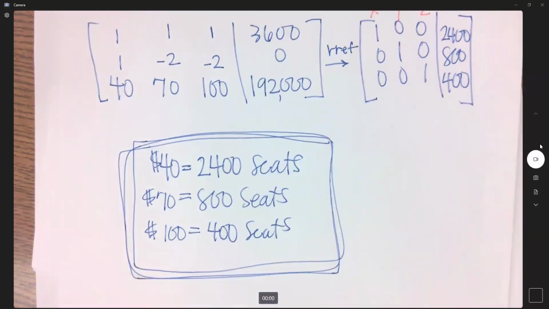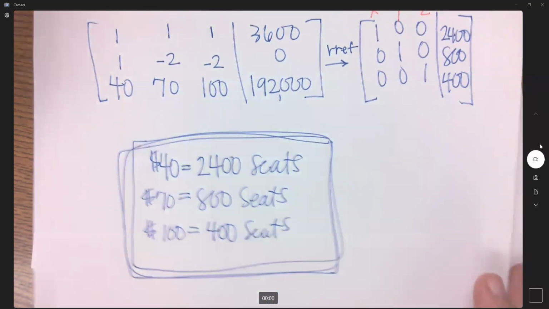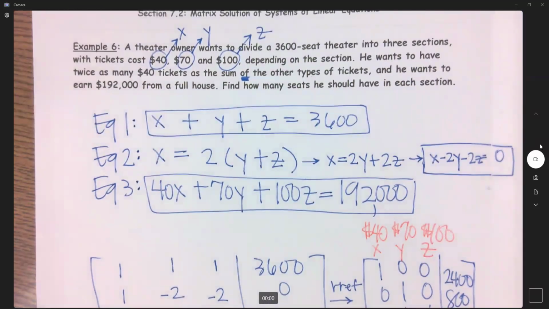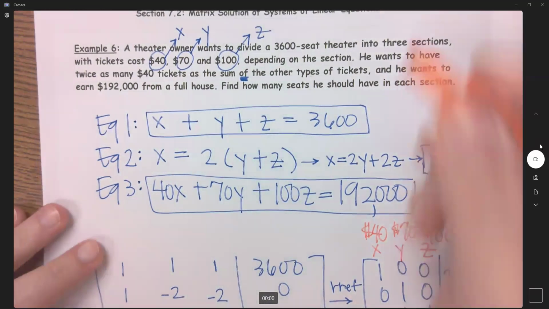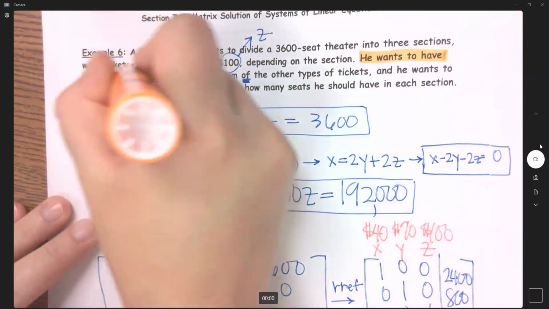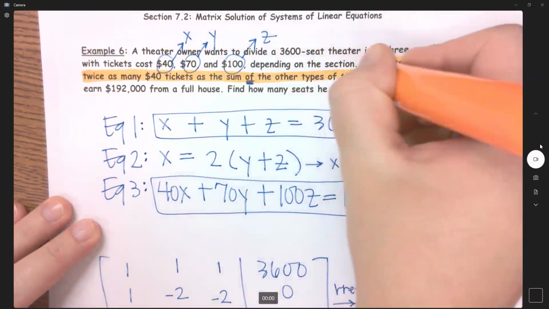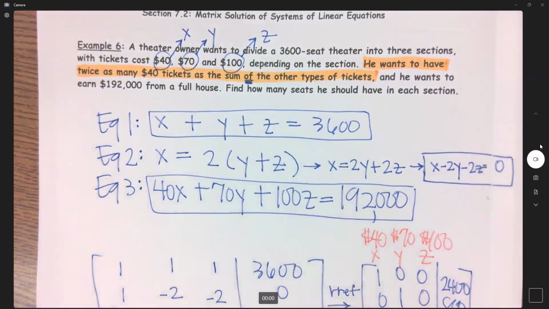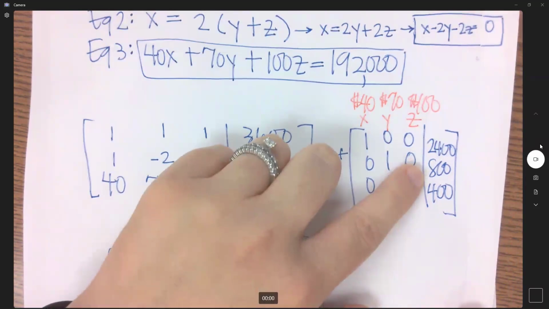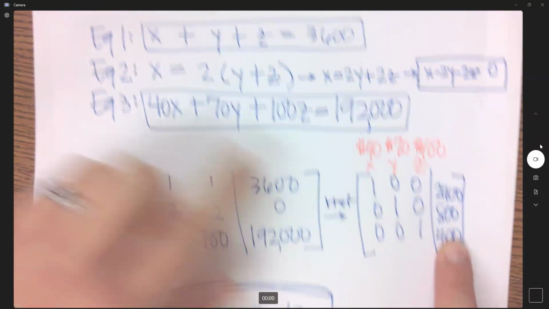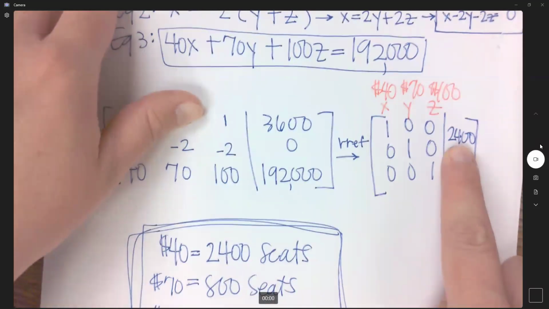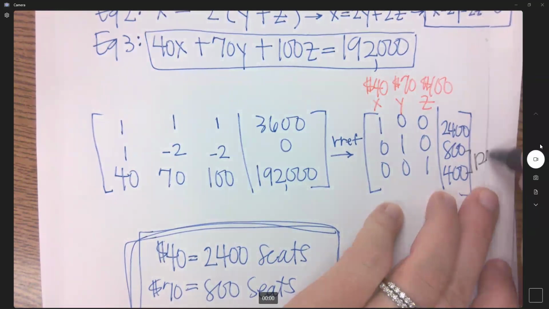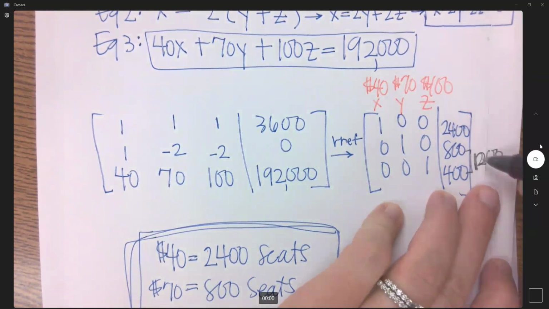So to go back and show you that one equation. That confusing equation was that he wants twice as many $40 tickets as the sum of the other types of tickets. If you add these together, 800 and 400 give you 1,200. He has twice as many $40 tickets as the sum of the other two tickets, since this is 1,200 when you add them together.